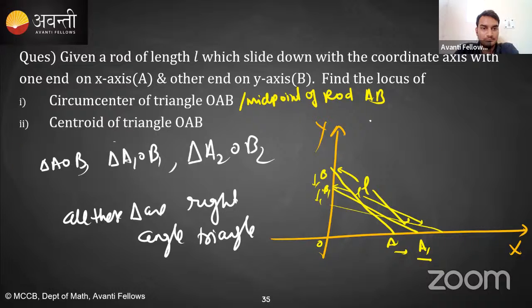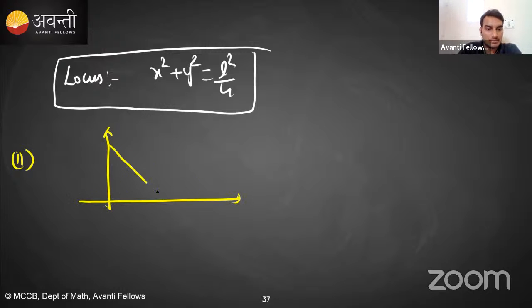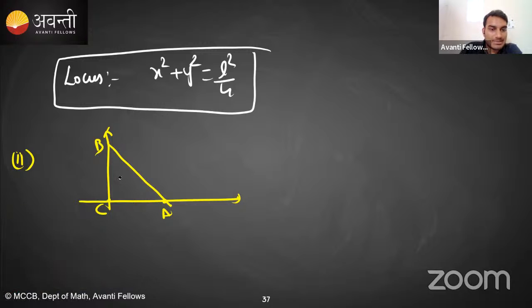The centroid of triangle AOB. Now what do we have to find? The centroid of triangle AOB. So whichever point's locus we have to find, we assume it to be (h, k). So let's say this is point P, which is (h, k), and the locus we need is of the centroid.